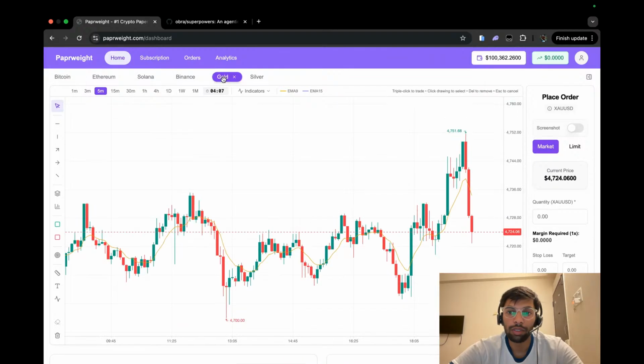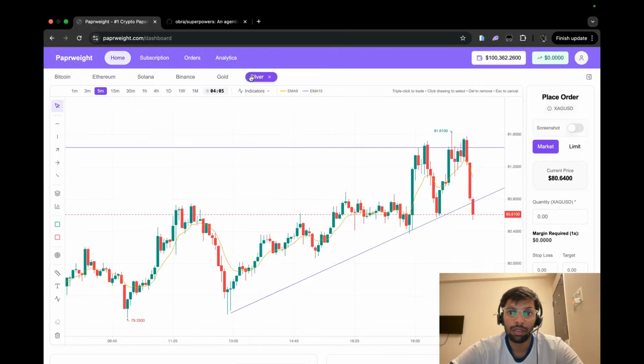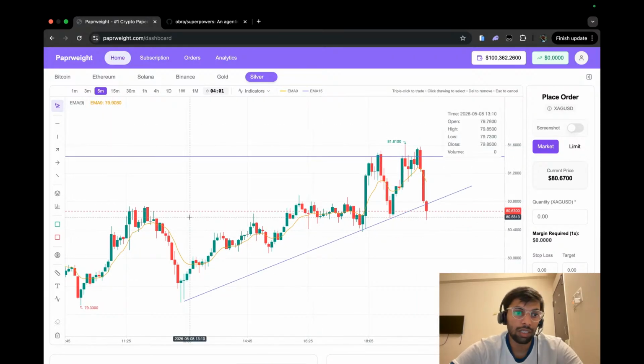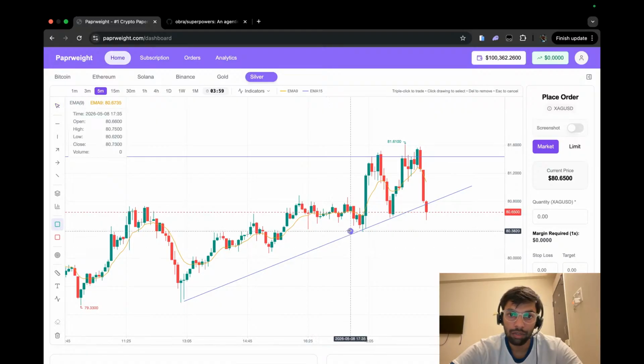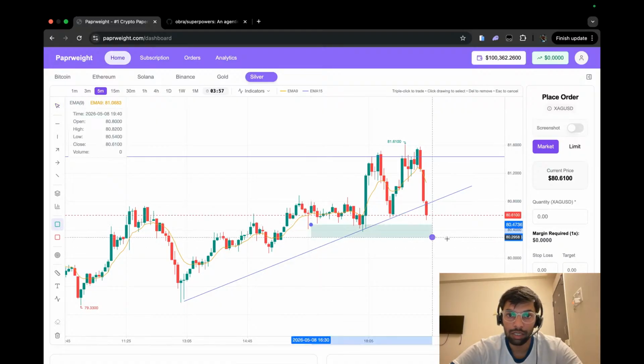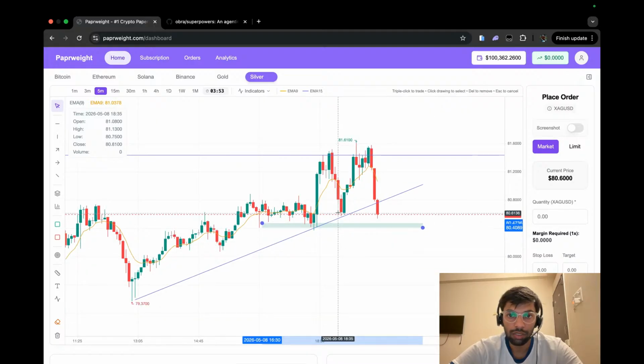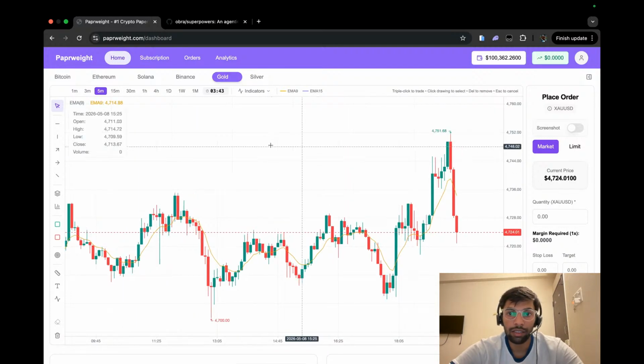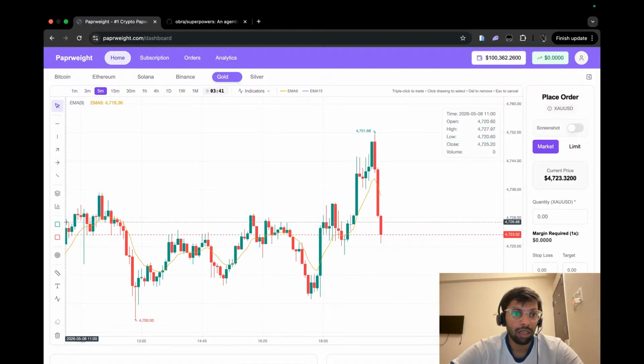And in gold, as you can see, okay, this is a trend line breakout, guys, and still we can't consider this a breakout because I can see that this is a nearby buying zone which can act. So we have to be a little bit careful over here in silver at least, and gold as well.